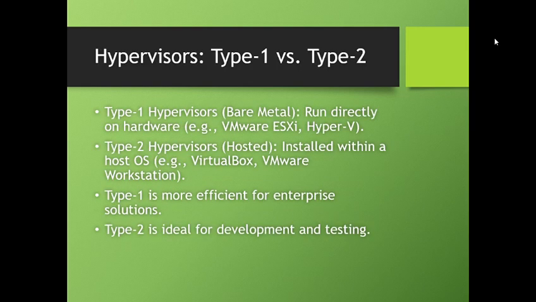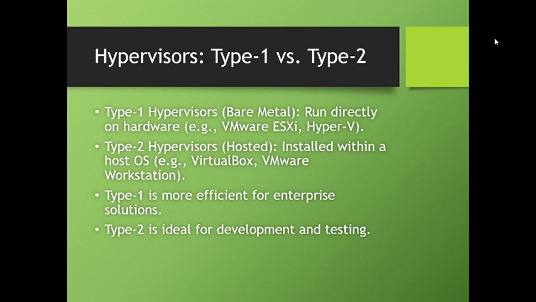What is a hypervisor? Software that creates and manages virtual machines. Two types. Type 1 hypervisor, bare metal, runs directly on hardware, for example VMware ESXi, Hyper-V. And Type 2 hypervisor is hosted, runs on a host OS, for example Oracle VirtualBox, VMware Workstation.